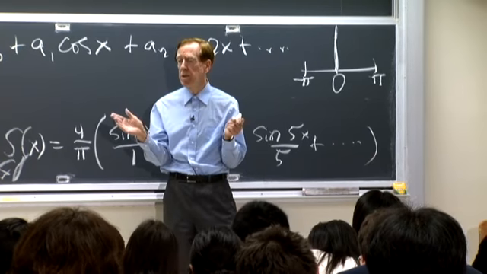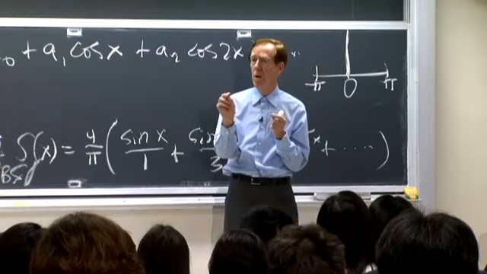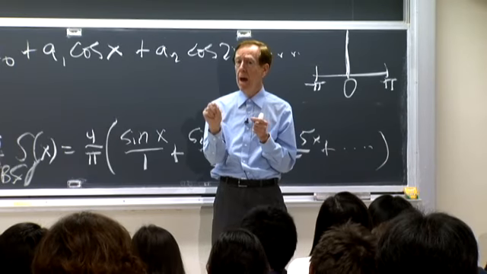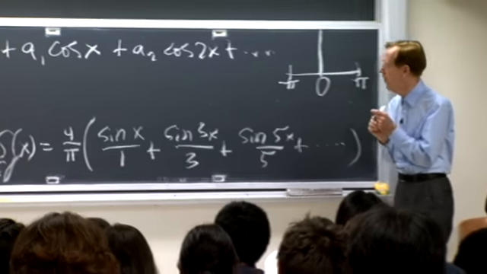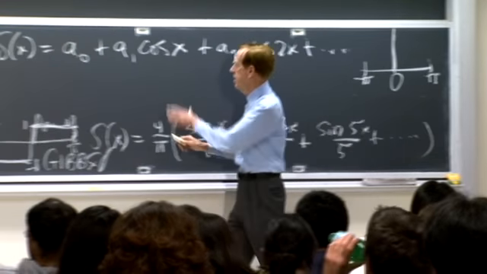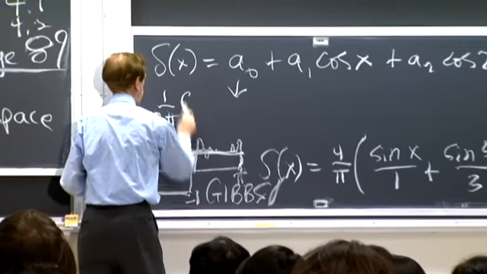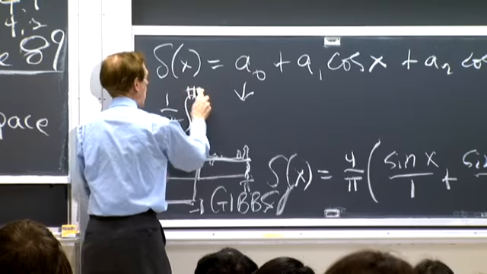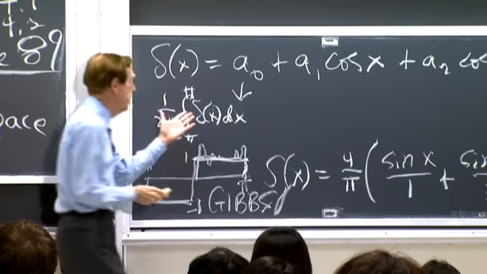if I have a function, delta of x, or whatever my function, the A naught coefficient is the average. A for average there. A naught is the average value. So this is 1 over 2 pi, the integral from minus pi to pi of my function. Where did that come from?